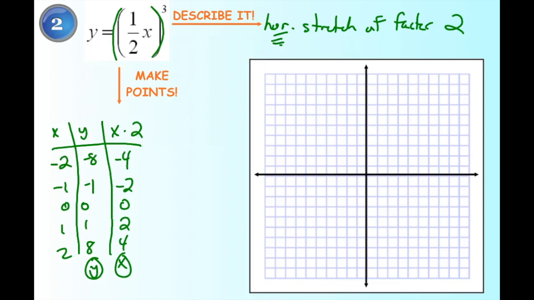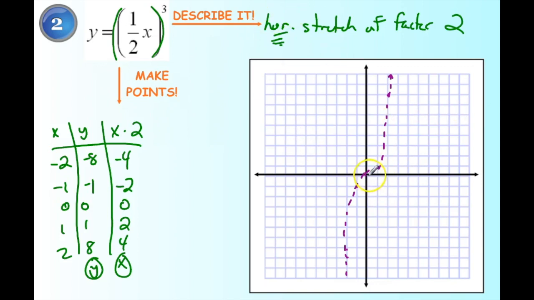So I'm going to graph the parent function really quick just so you can get some perspective of the change. Again, horizontal stretch, which means you're pretty much pulling it from the left and right.